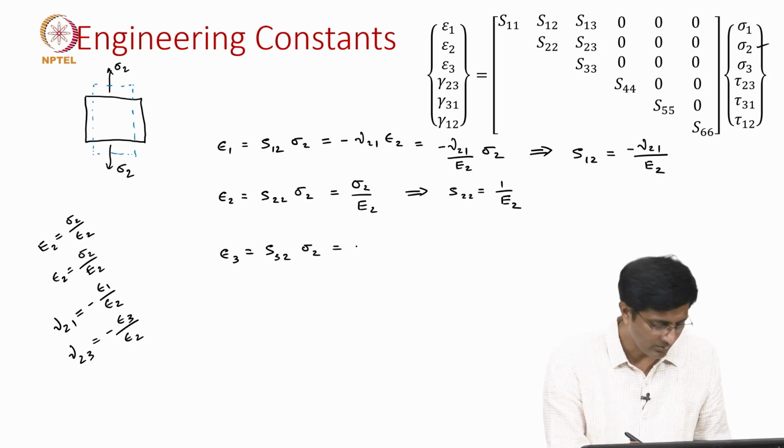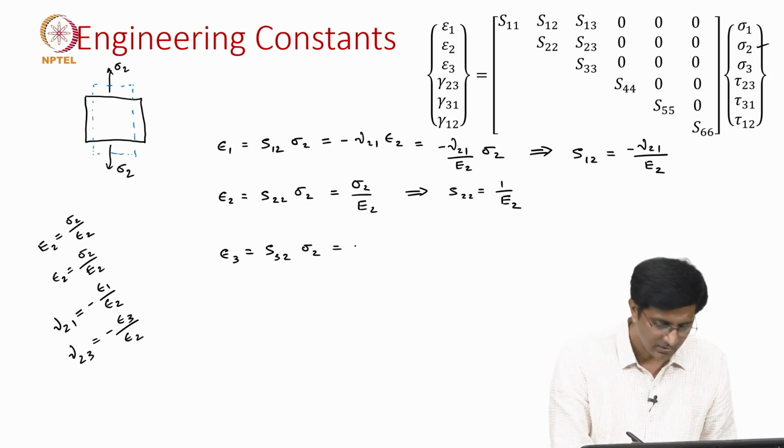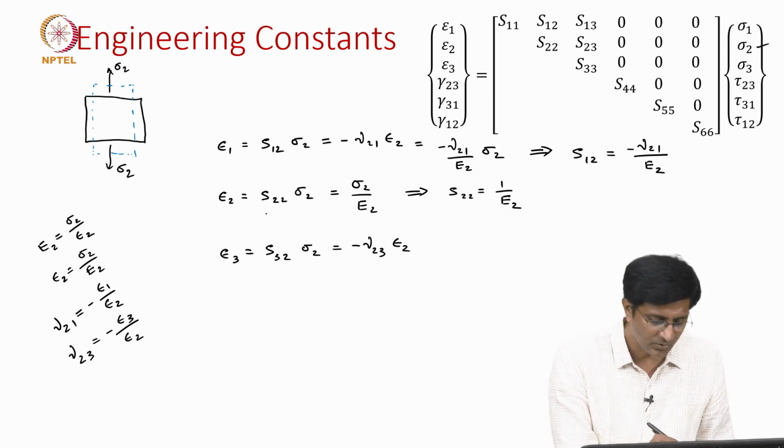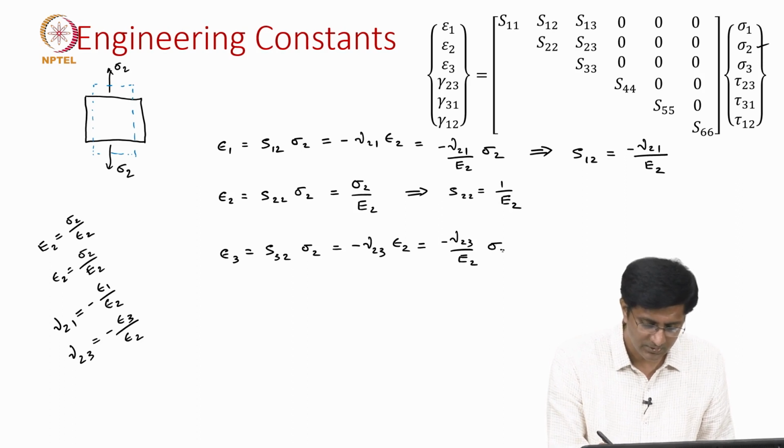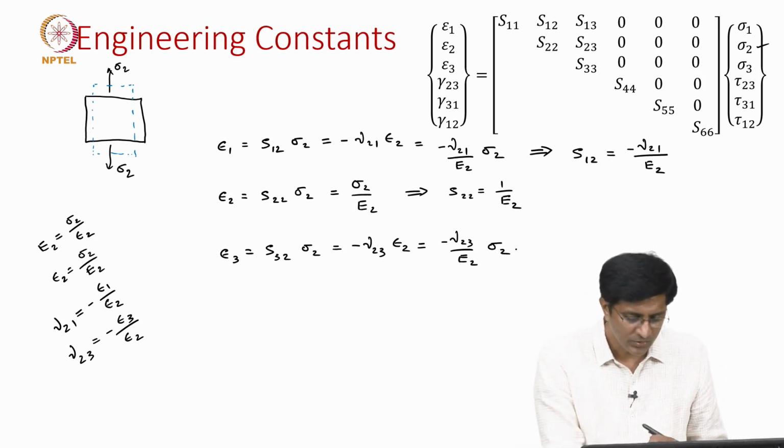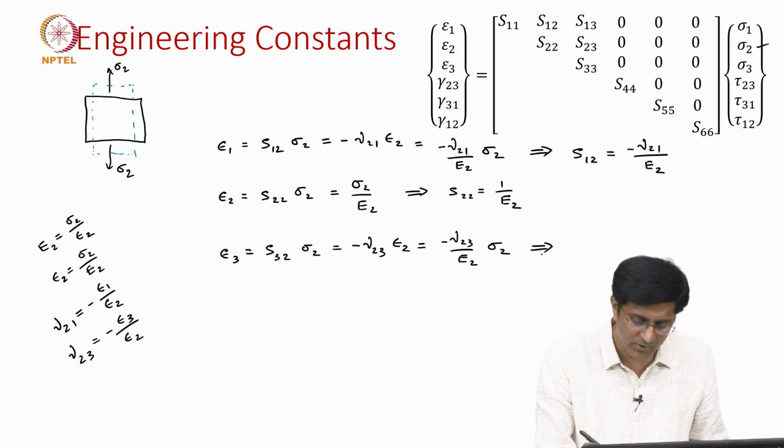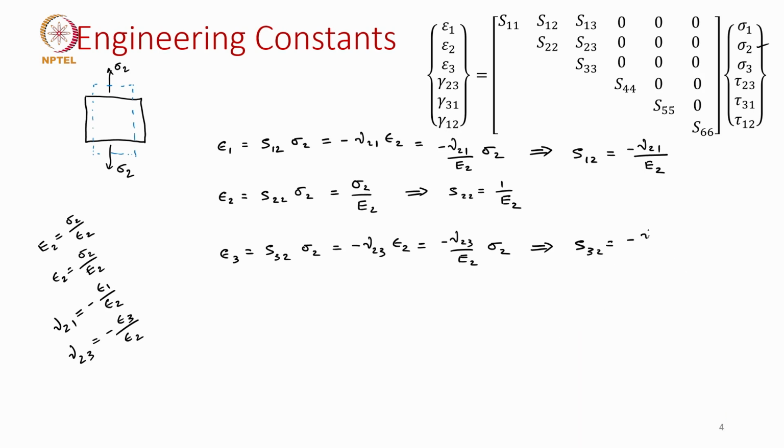This means I can write epsilon 3 as minus nu 23 times epsilon 2, and epsilon 2 I can write from the second equation, which gives minus nu 23 by E2 times sigma 2. From this expression I can find S32, which is minus nu 23 by E2.